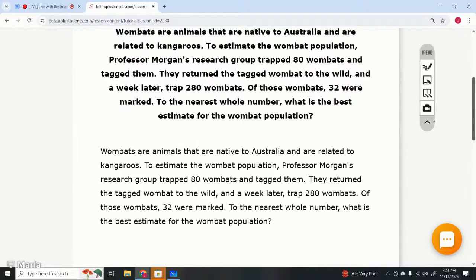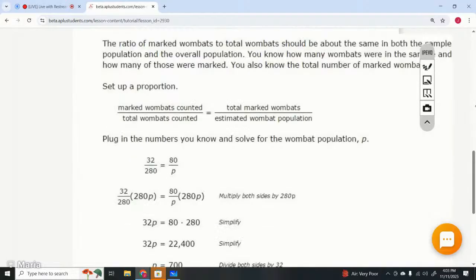So out of the total population, 80 of them are marked wombats, that is 80 divided by the total wombats P. And now the marked wombats counted are 32 out of 280, right?